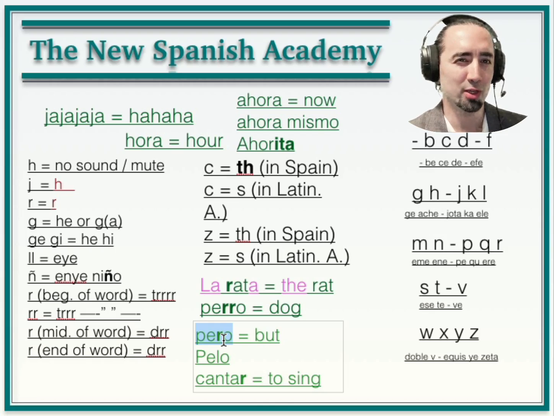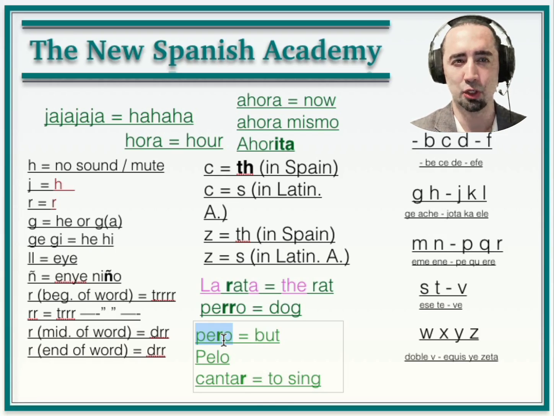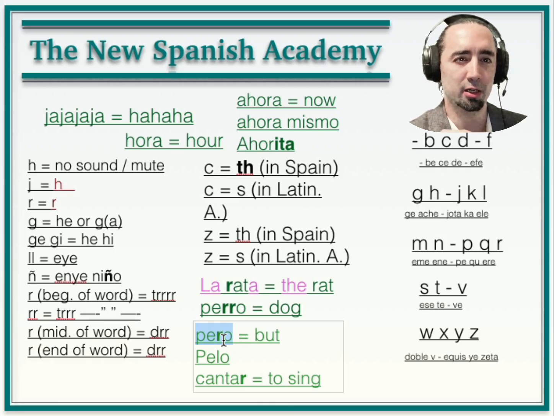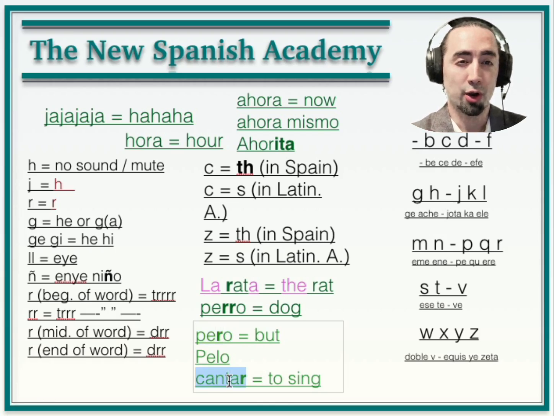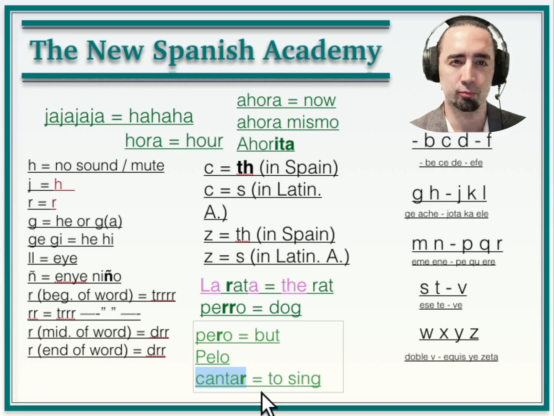So you didn't notice that you are making that sound because you are using it with the T. When you say little, that's the sound that we want when we have a single R in the middle of the word or a single R at the end of the word, cantar. Okay? So think about that, English natives.